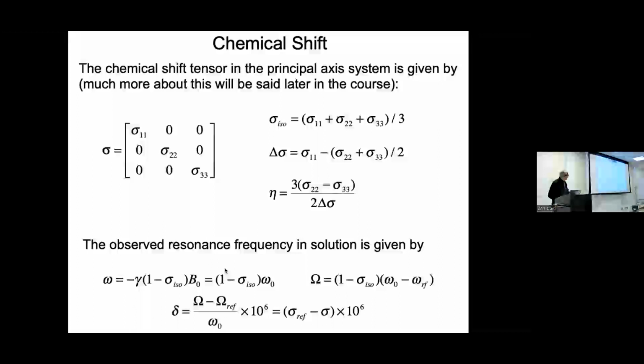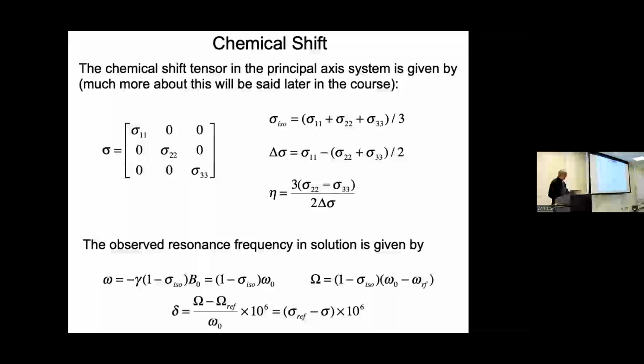So what you observe as the resonance frequency omega is 1 minus the isotropic shielding times the Larmor frequency, and what we call delta, the resonance offset, is also then adjusted. But I'll stop worrying about that. From now on, whenever I say omega, I really mean the real chemical shift offset for a particular spin that includes the shielding.